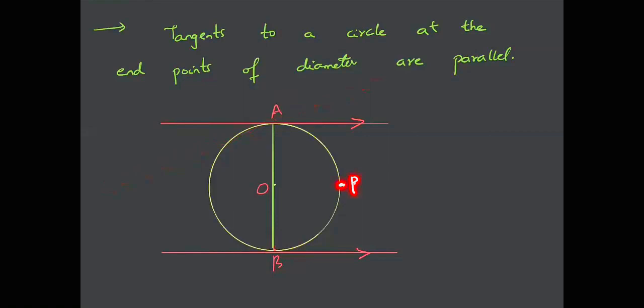Tangent at point P is nothing but this tangent, such that the point of contact of the tangent is P. So tangent at any point on the circle means a tangent such that the point of contact is that point P. This is the tangent from P and this is the tangent at P. So if I draw the tangents at the endpoints of a diameter, then those two tangents will be parallel.